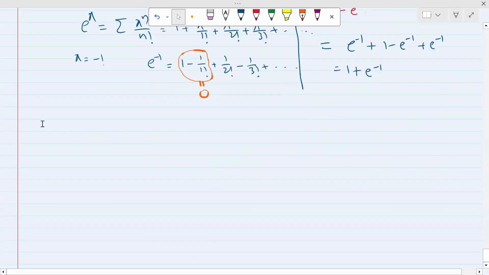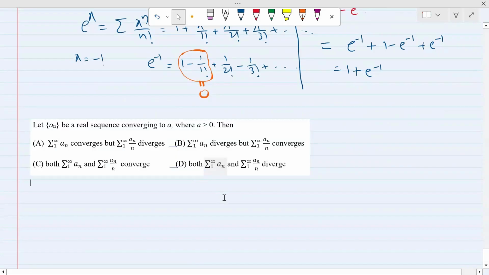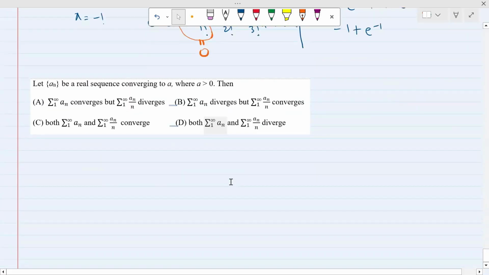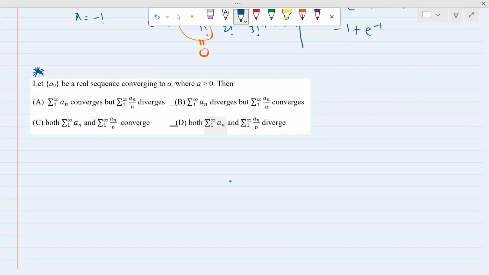So let's move on to the next question. Yeah, this question. Let us see this. This variety of questions also appeared in past papers, where the sequence a_n is not directly given.